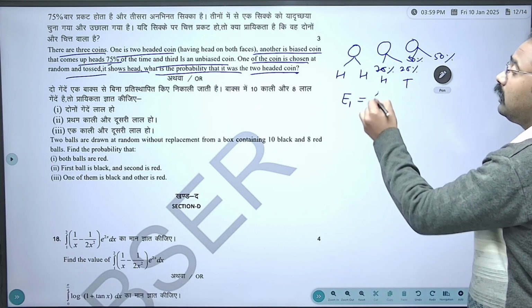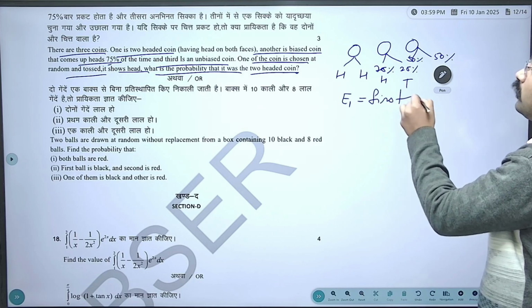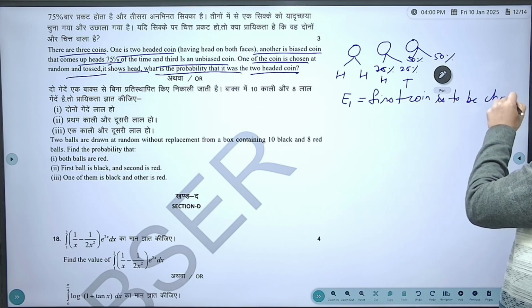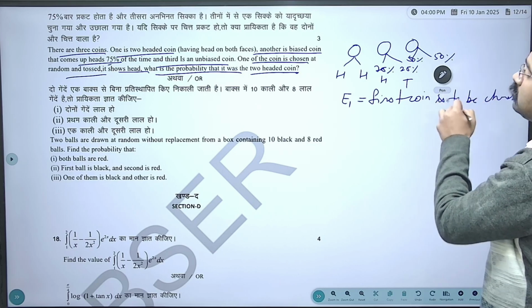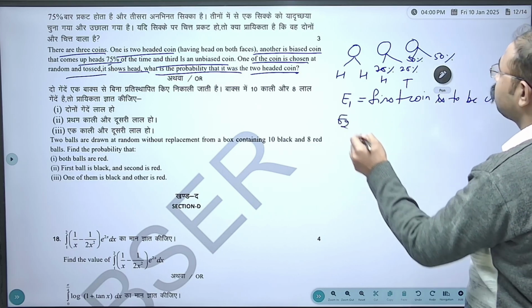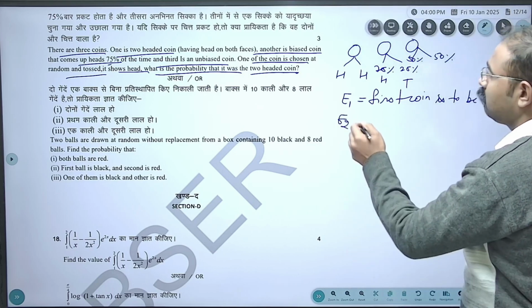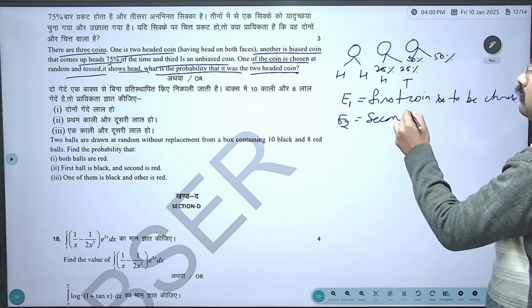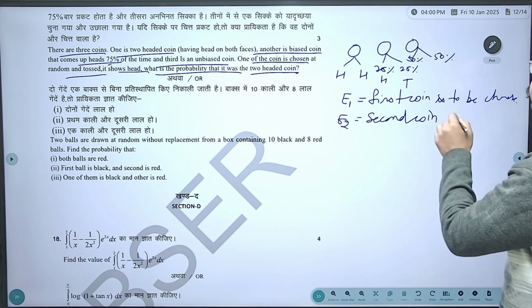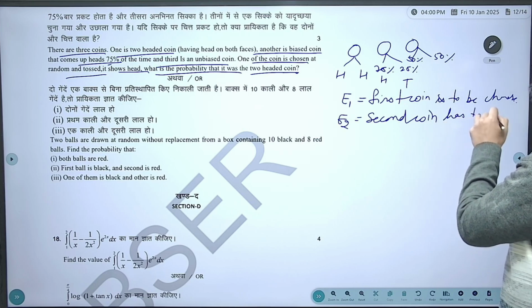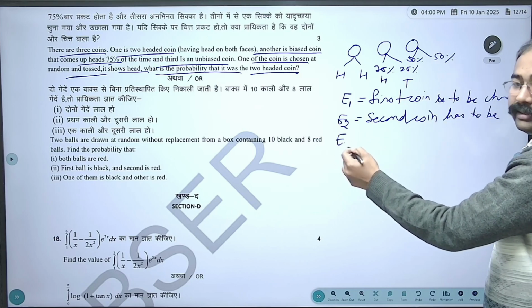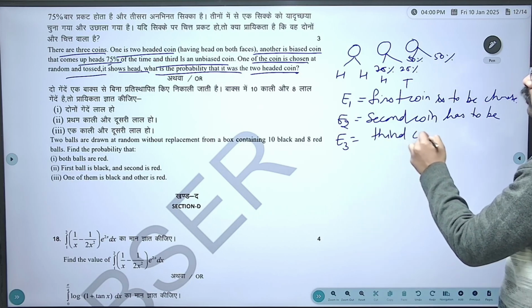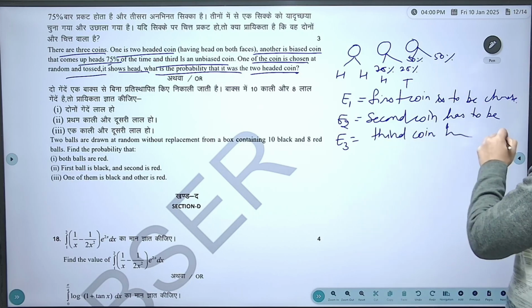So E1 means the first coin has to be chosen, E2 means the second coin has to be chosen, and E3 means the third coin has to be chosen.